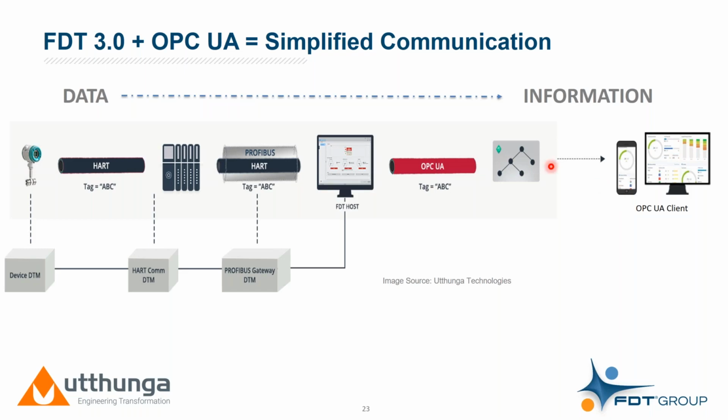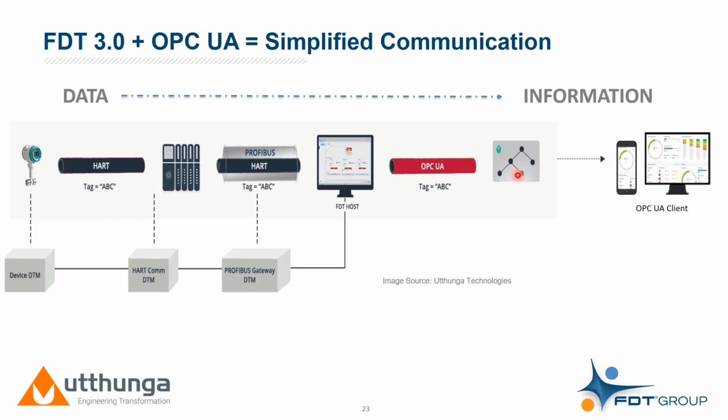Also, in this OPC UA address space, the FDT OPC UA information model allows the information fetched from the field device to be grouped as functional groups. So we can expose it in a more meaningful way and give a better user experience.